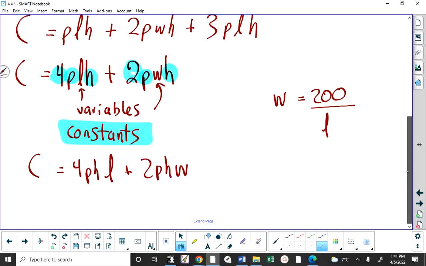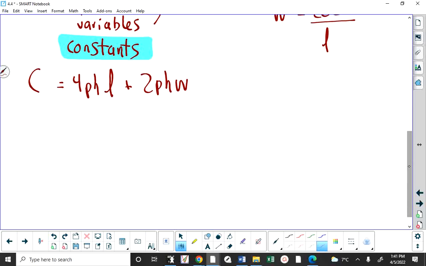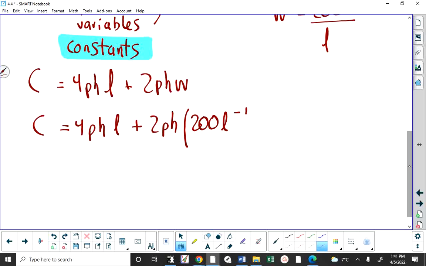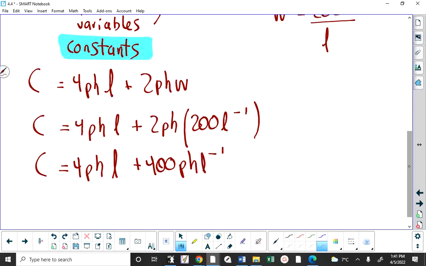So when I put that in for W, I get 4PHL plus 2PH times 200 L to the negative 1. So I end up with cost equals 4PHL plus 400 PH L to the negative 1.